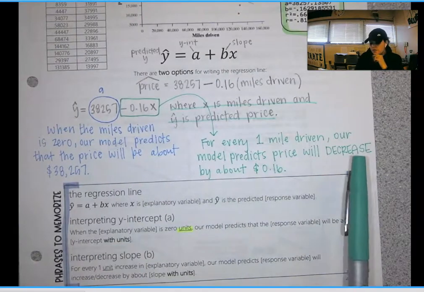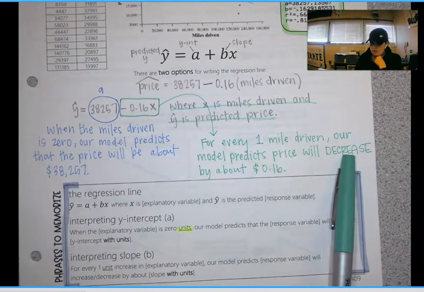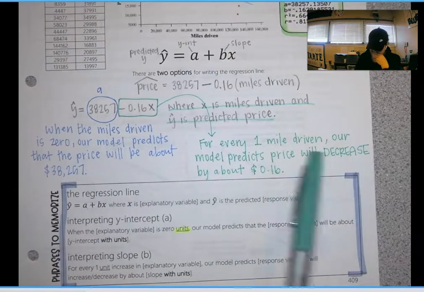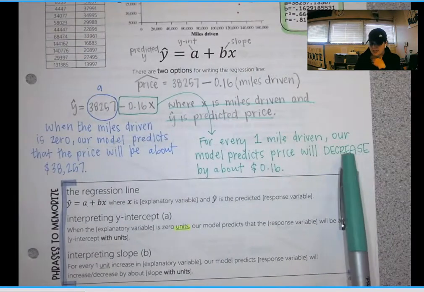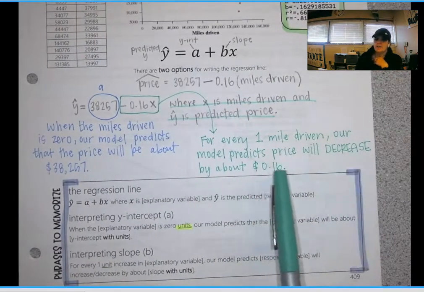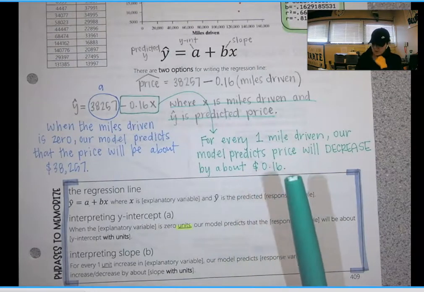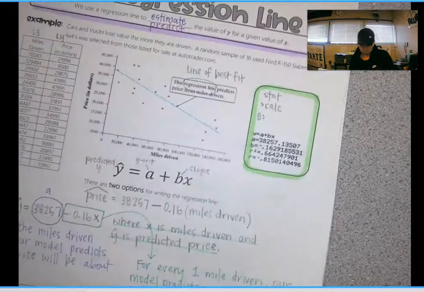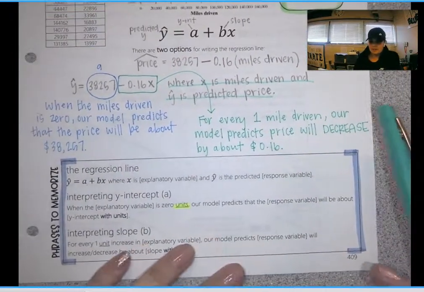A couple of things to note is you don't say negative 16 cents because this word decrease makes it so that you don't have to. So slope is negative here, which translates to a decrease here, and then you don't put the negative on your slope. So really, that's all we have for this part of the lesson for interpreting slope and y-intercept.